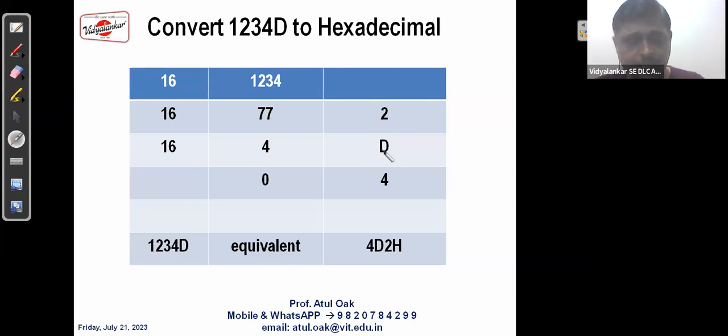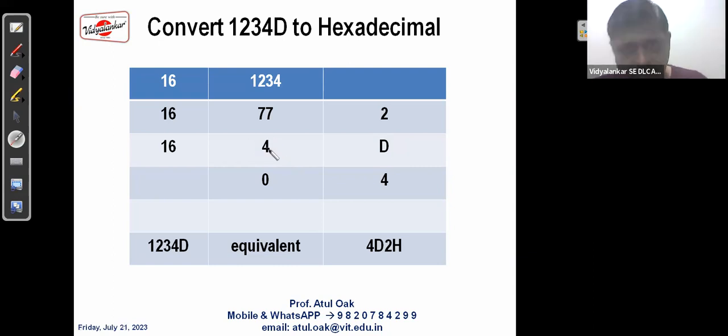Because the 13 digit in hexadecimal we represent using the letter D. I think in the beginning I have referred to it: A means 10, B means 11, like that, F means 15.